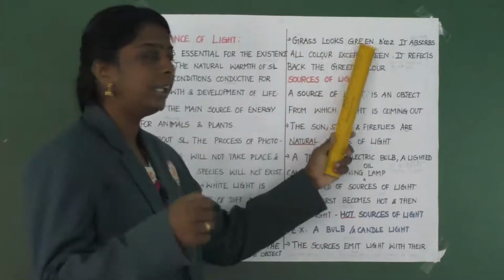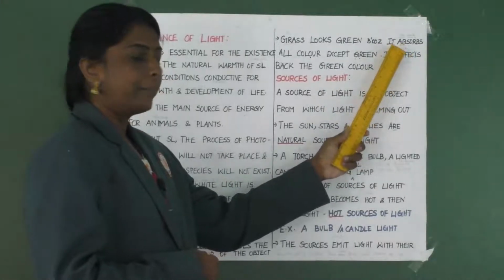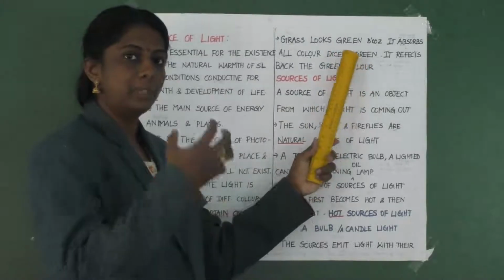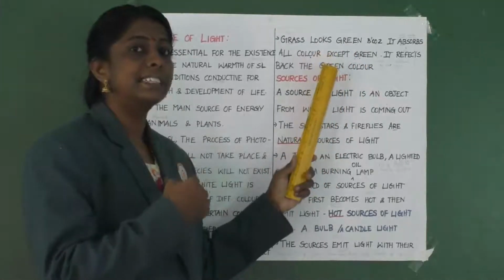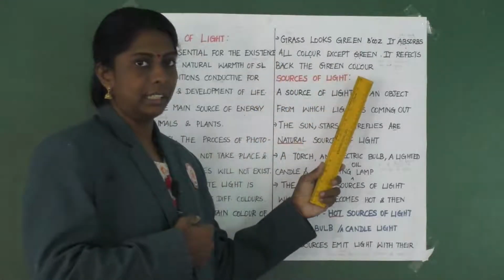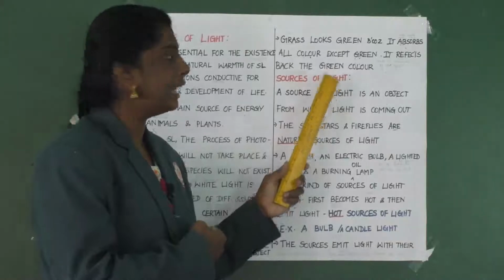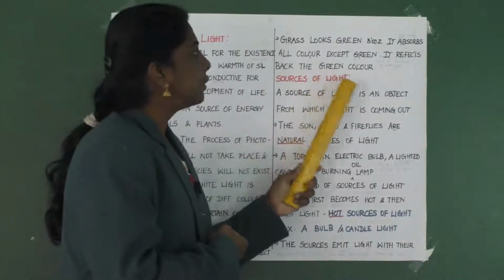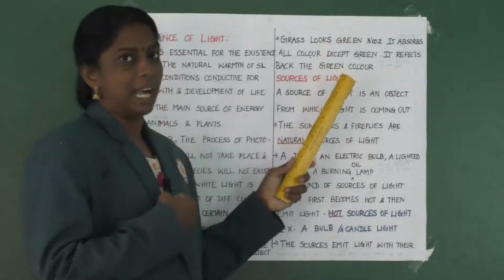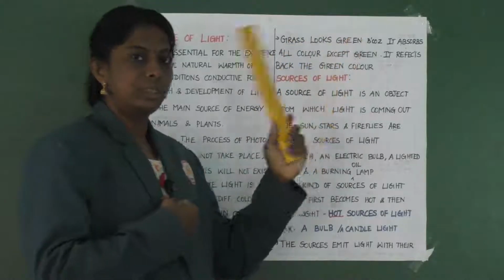It looks green because it absorbs all colors except green. It reflects back the green color. That's why it's looking green. Can you understand? Yes. So this green color is received by our eyes. Okay. So grass looks green.